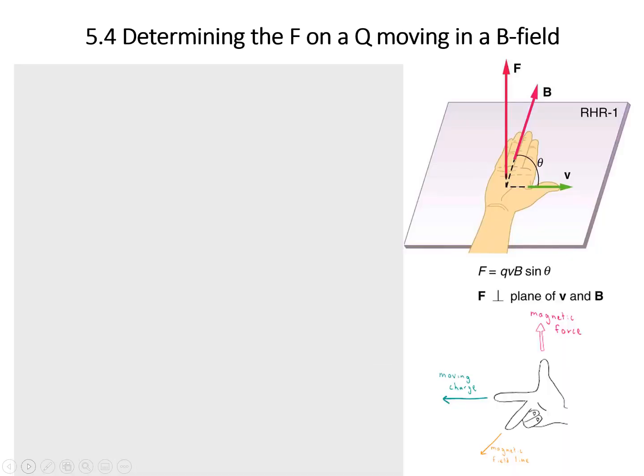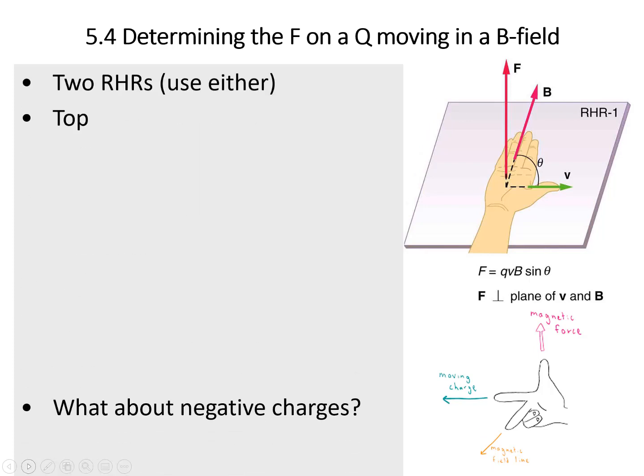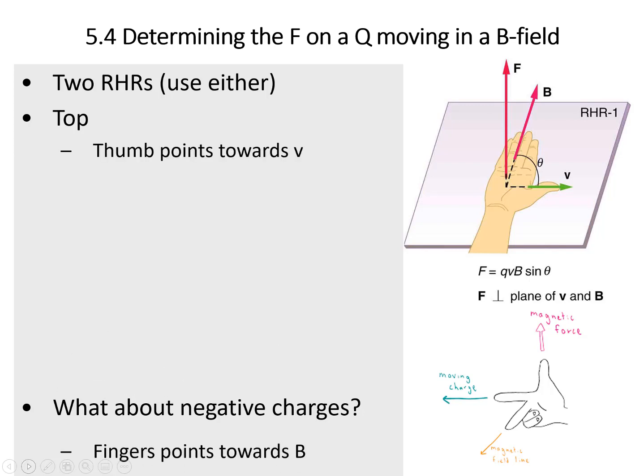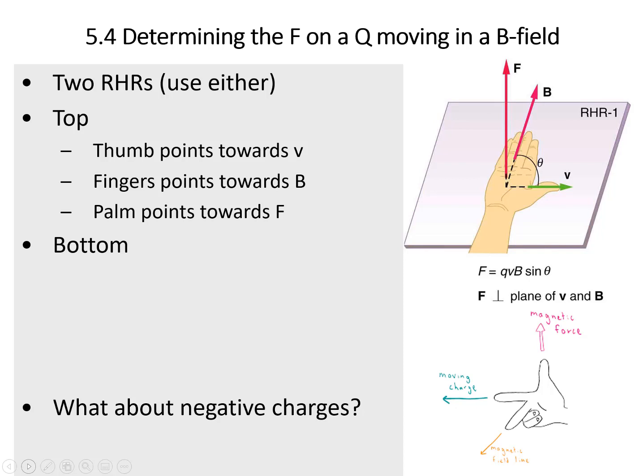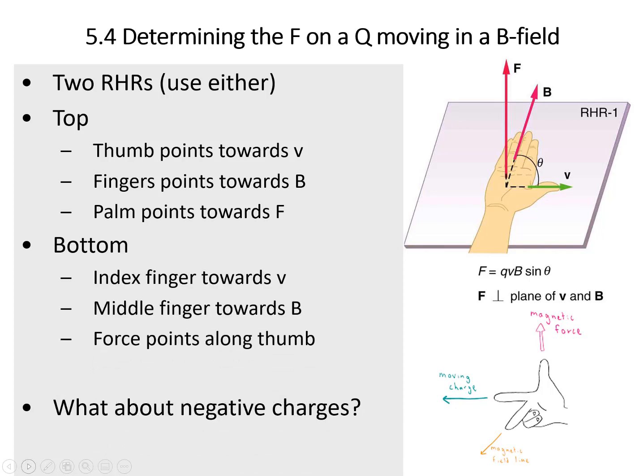How do we determine the direction of the force? Well, we use our right-hand rules. The force is always going to be perpendicular to both the velocity and the magnetic field. So here are 2 right-hand rules. If you've learned a different right-hand rule, just use that one.